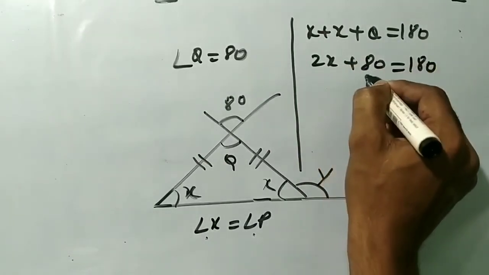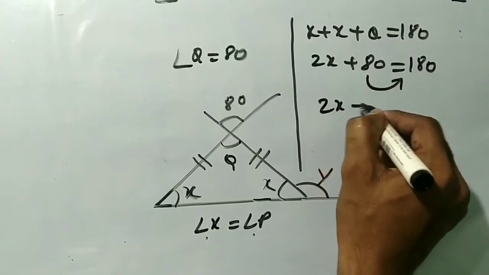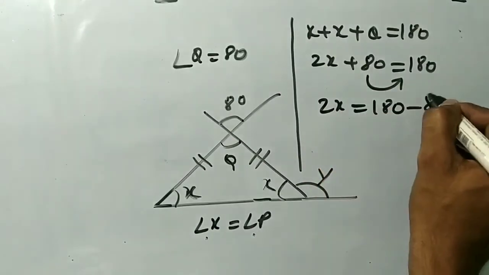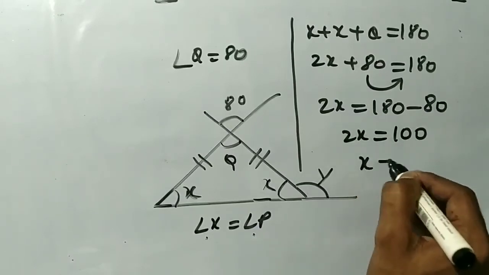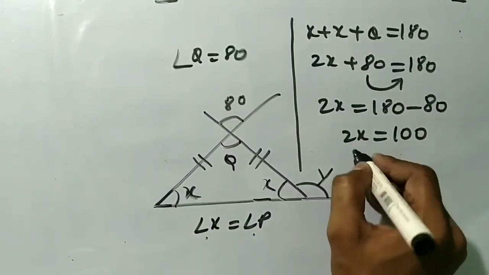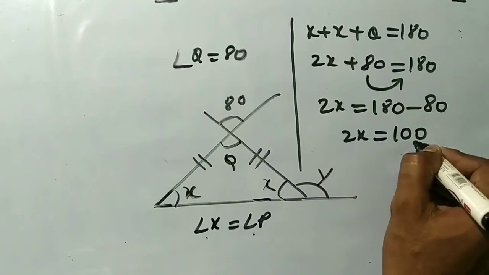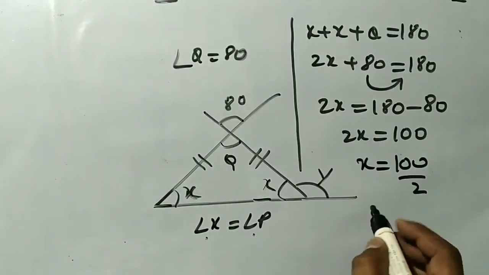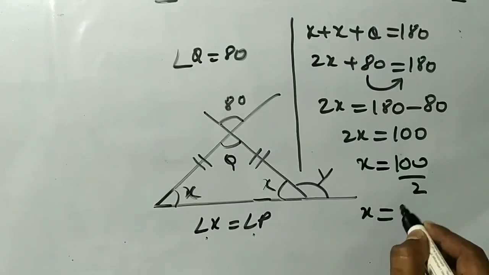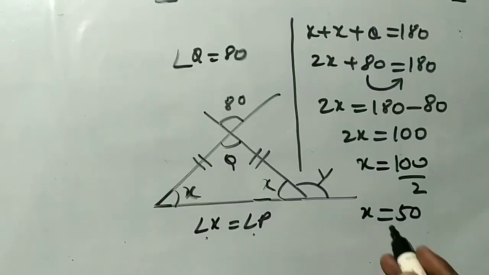Then 2x is equal to 180 minus 80. So 2x is equal to 100. The 2 is multiplying, so when it goes to the other side it becomes division. That is x is equal to 100 by 2, so x is equal to 50. We know 50 plus 50 is equal to 100.